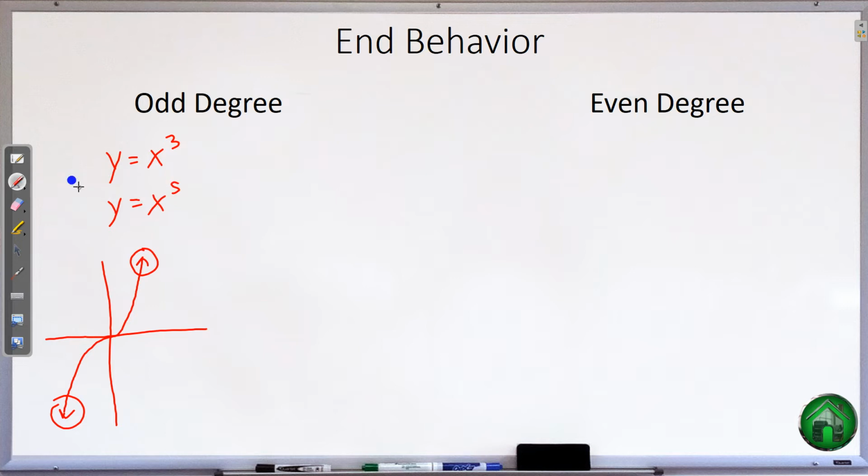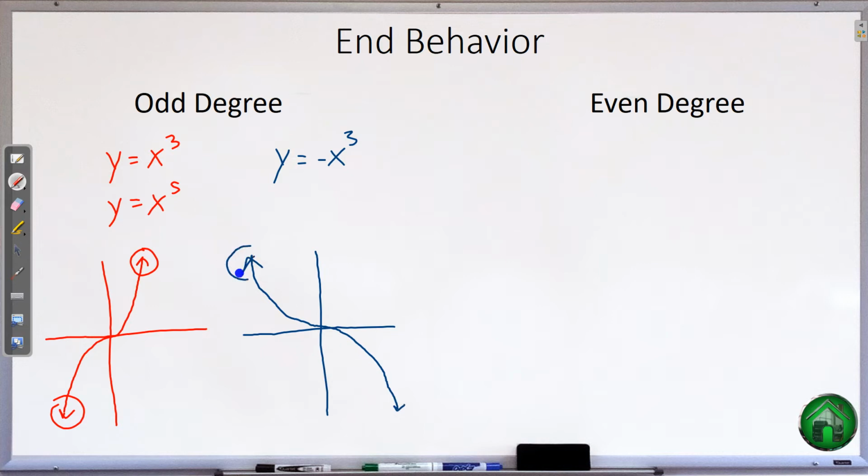Now, that can be switched. If you have something like a negative cubic, it just gets flipped. It starts up here, flattens out, and then goes down. Now you can see the end behavior has been flipped.